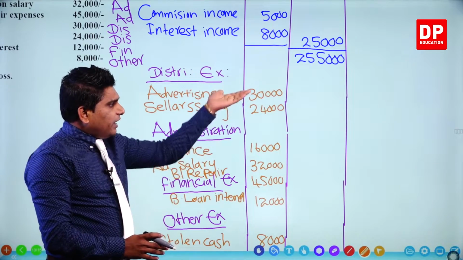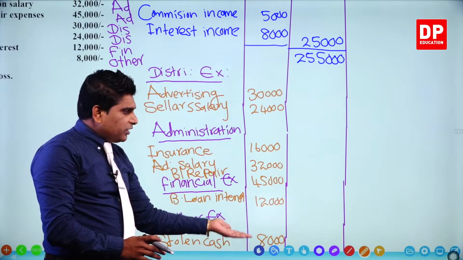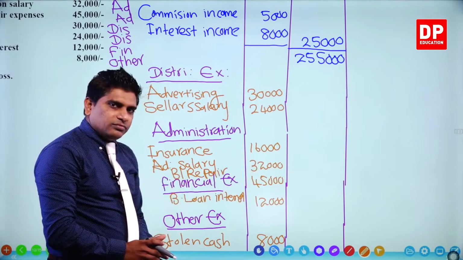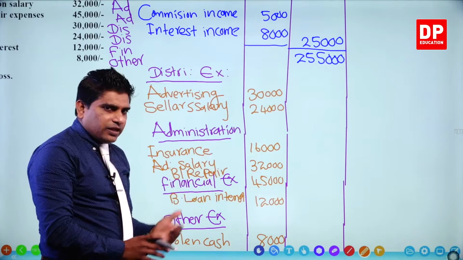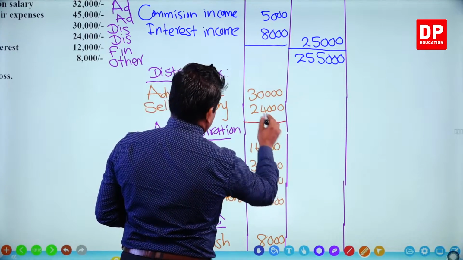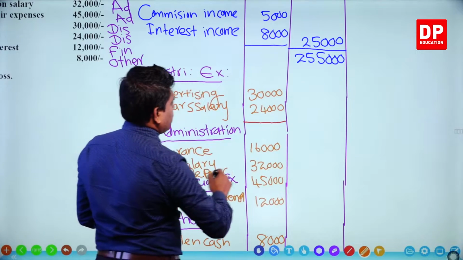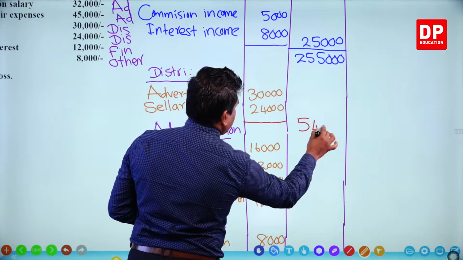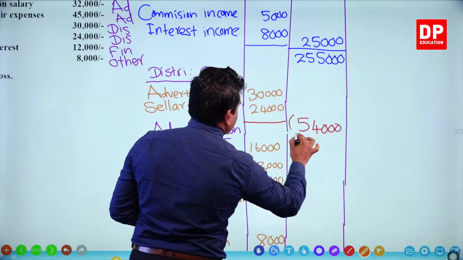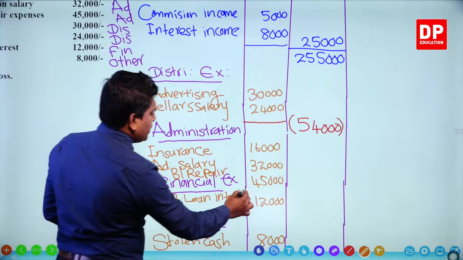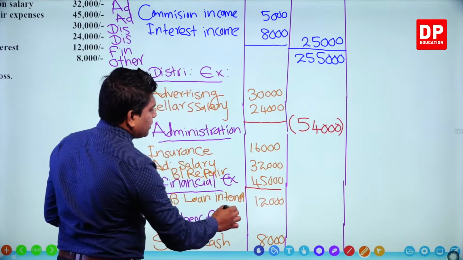So we can get the total of everything to the next column, right? Because this is the first activity, we can bring the total of each item to the second column. Here 54,000. You put it in brackets because all the expenses we have to subtract, so we put them into the brackets, right?